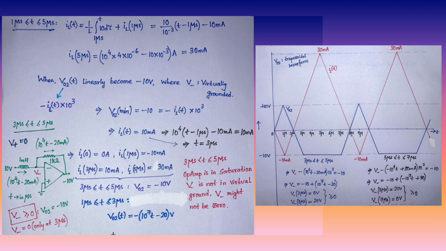Here is a circuit where I have shown that within 3 microsecond to 5 microsecond, my V minus is not going to be 0 and it will be greater than 0. Only at 3 microsecond it will be 0. From 1 microsecond to 3 microsecond, my inductor current was increasing linearly, and my output voltage VO2 was also linear, although it goes downwards from plus 10 to minus 10.